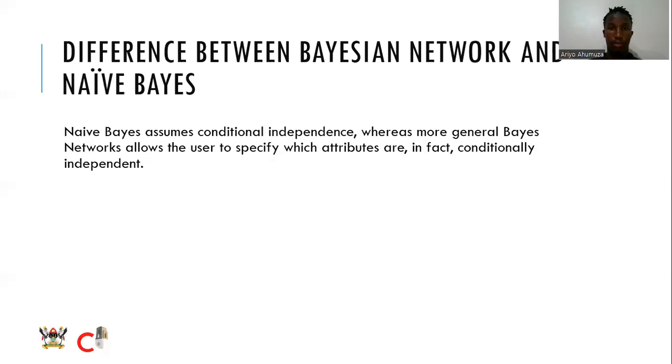The difference between Bayesian network and naive Bayes: naive Bayes assumes conditional independence, whereas Bayesian networks allow the user to specify which attributes are conditionally independent. Let's not confuse Bayesian networks and Bayesian theorem.